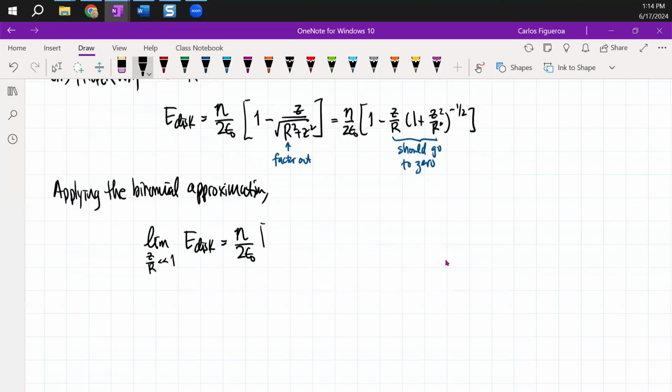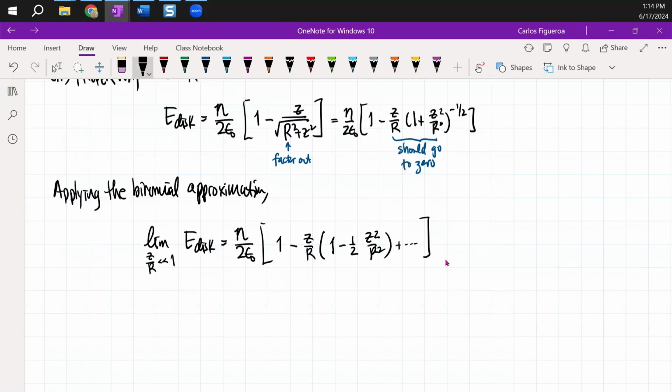So then if I look at this thing, I've taken this out. This is to the 1/2. So this is going to be 1 minus z over r. And then this will be 1 minus 1/2 z squared over r squared and all the higher order terms.